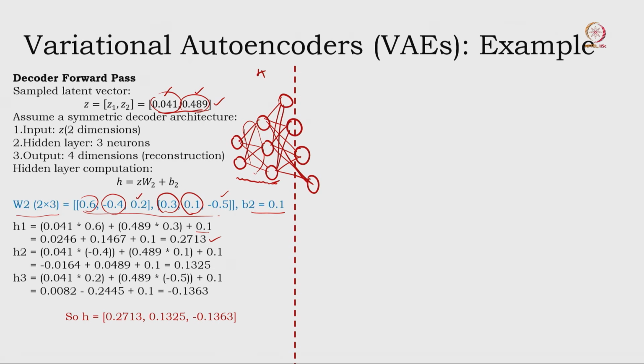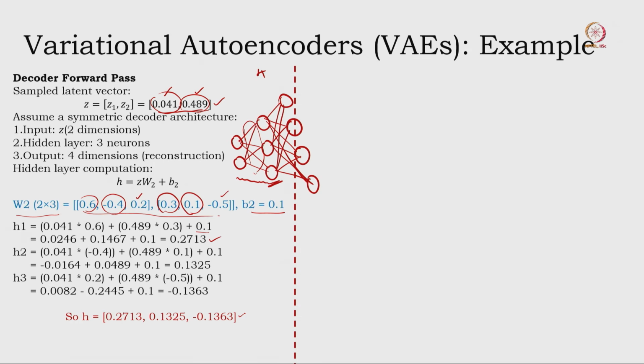It is a simple feed forward calculation which you are very much familiar with from our earlier weeks. With this we are now getting these H values. Since there are 3 neurons at the hidden layer, we have obtained 3 values. Here again for simplicity the activation function used is a linear activation function.